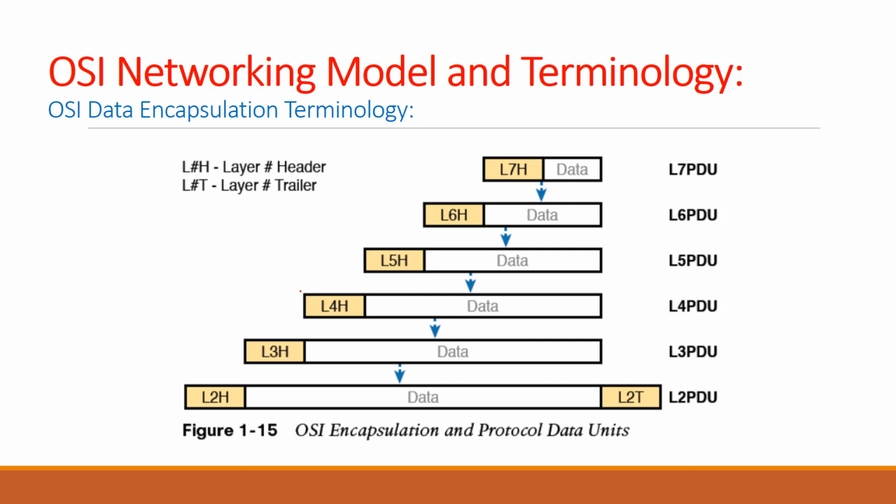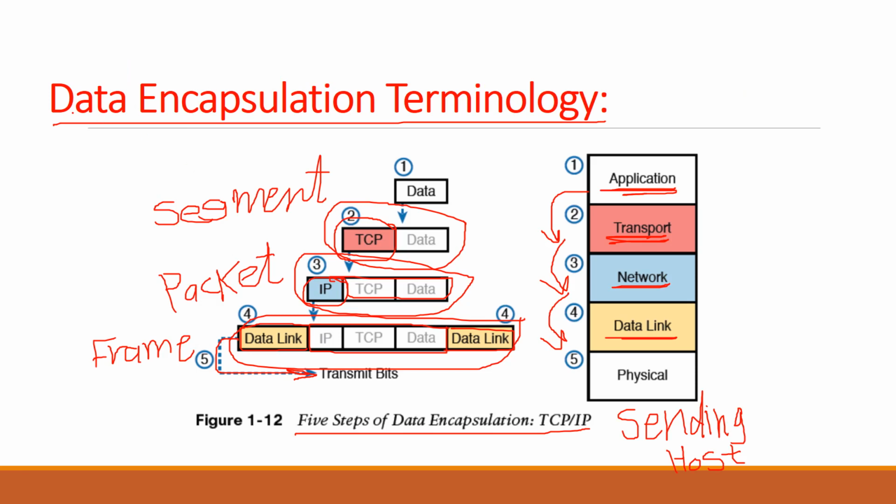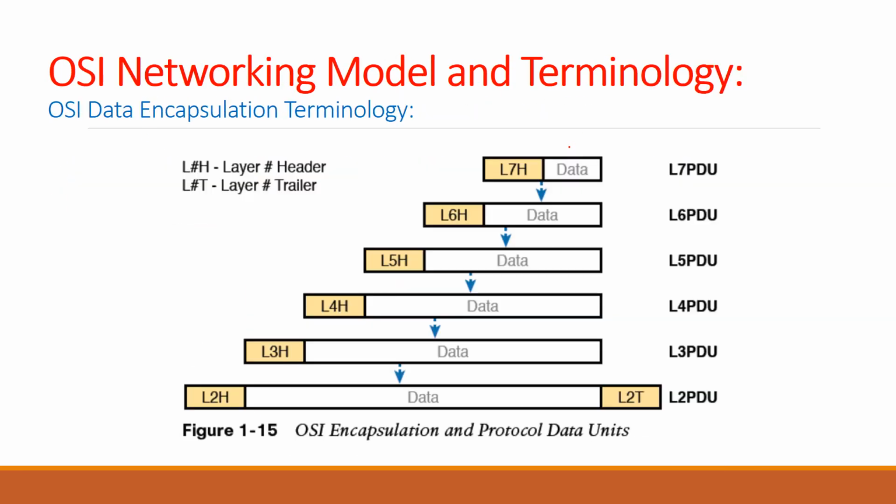Last thing here is the OSI data encapsulation terminology. As we saw the data encapsulation terminology with TCP/IP in the previous slide, we also have data encapsulation terminology for the OSI reference model. Actually, they are almost the same. Just the data comes from the application with some layer 7 header and goes to the lower layer as data, and adds a layer 6 header, goes to the lower layer as data, which is the session layer here, and adds a layer 5 header.